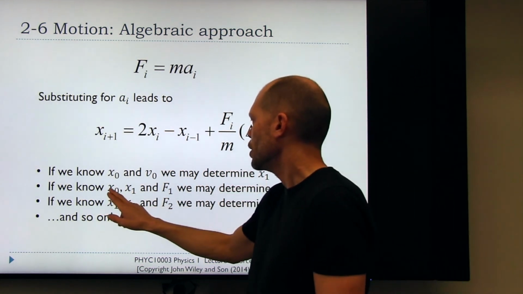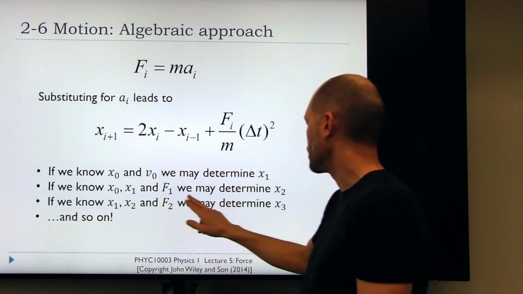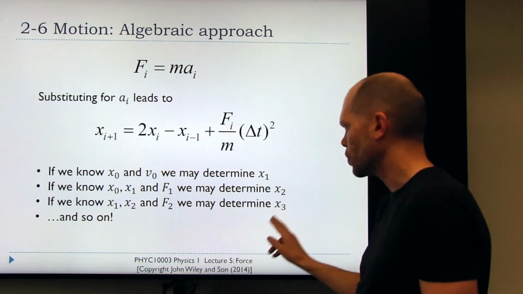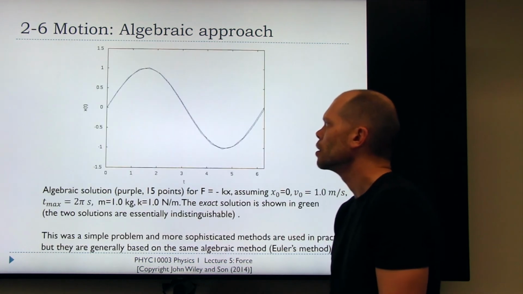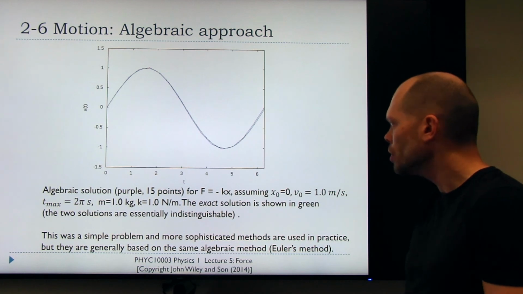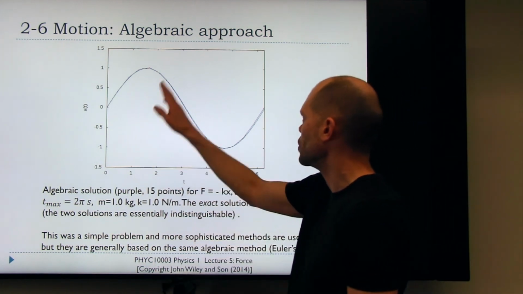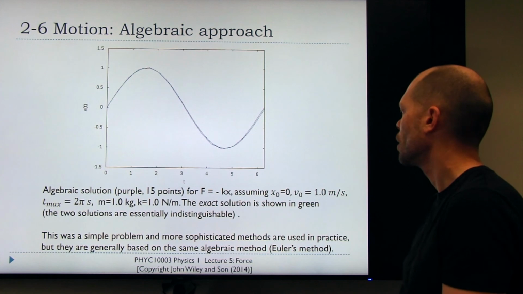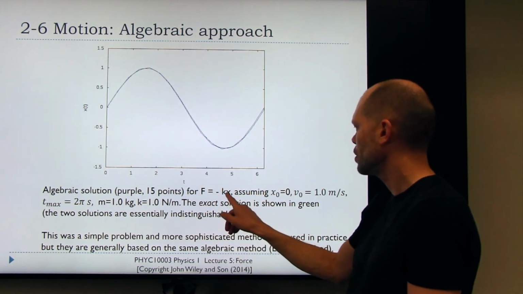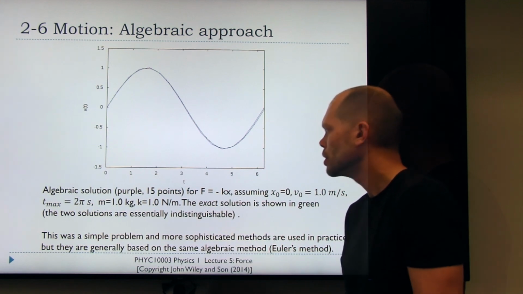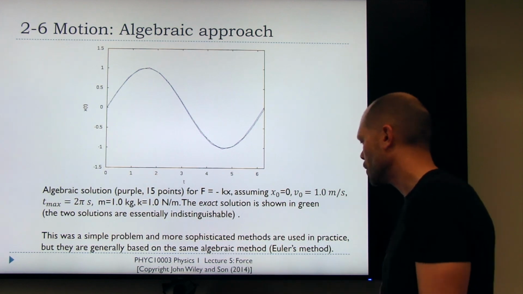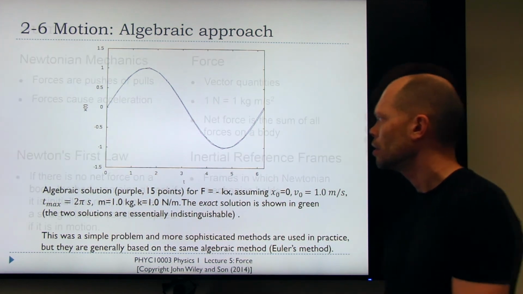We know our initial position, x1, and our force 1, we can determine x2, and so on. x1, x2, force 2 can determine x3. And then we plot this algebraic solution in purple using 15 different points, for F is equal to negative kx. Negative kx, that's a spring force. Yes, there are certainly more complicated practices. They're generally based on Euler's algebraic method.